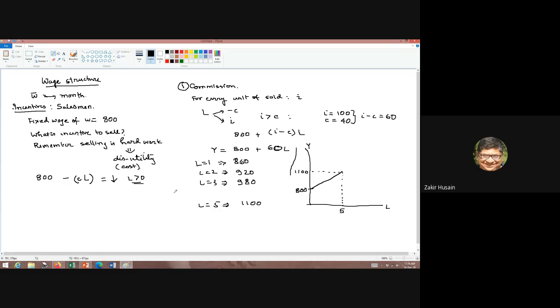Okay. Now you can give another type of incentive, which is in the form of a bonus. The people are told that, look, if you can sell more than 5 units, we will give you a bonus of 200.